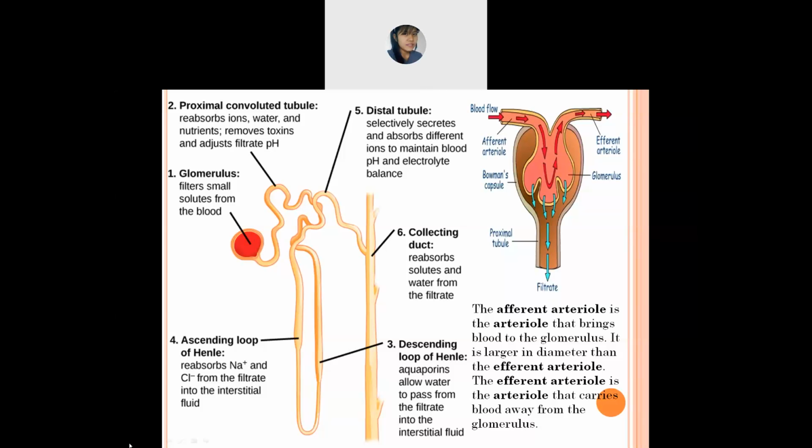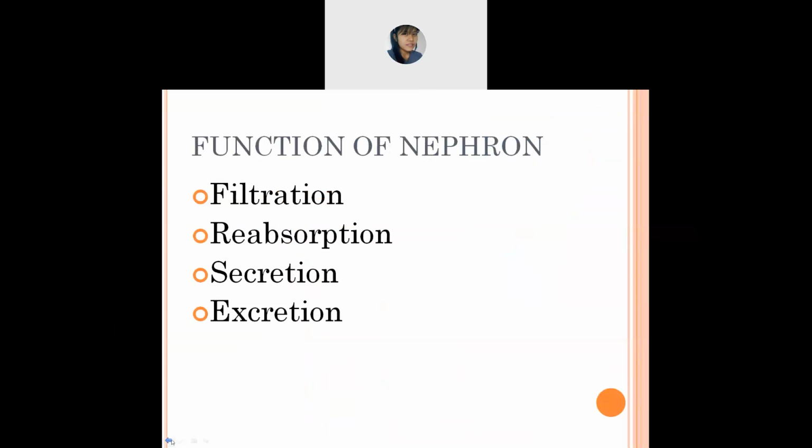So I was saying now that the function of nephron is filtration, then reabsorption, then secretion, then excretion.